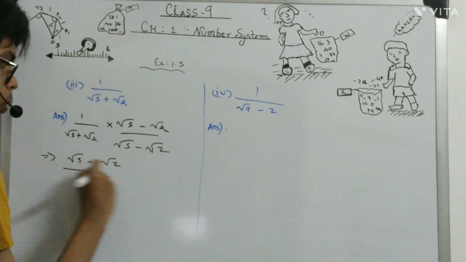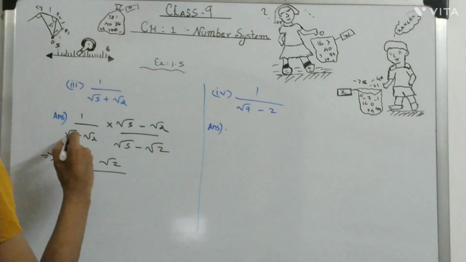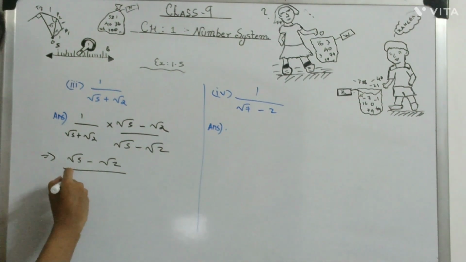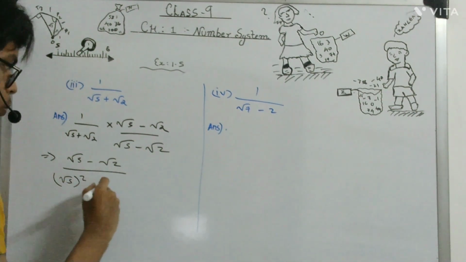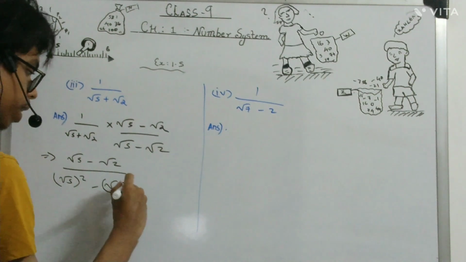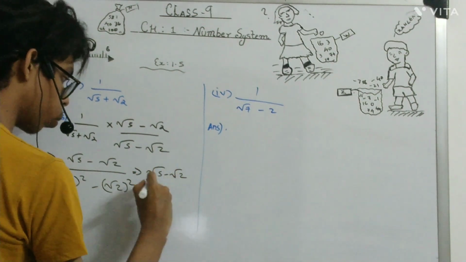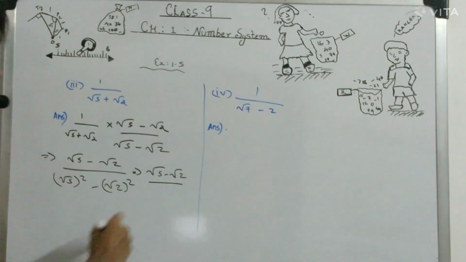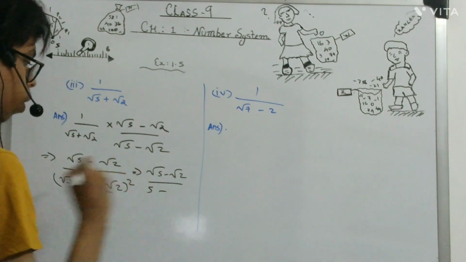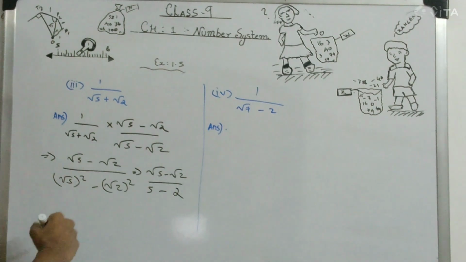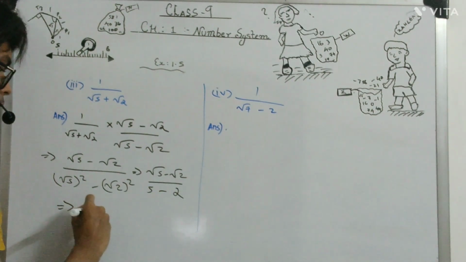So root 5 minus root 2 divided by, in the denominator again, a plus b into a minus b identity. So we know a plus b into a minus b is a square minus b square. So from here you will get root 5 minus root 2 divided by root 5 the whole square, which is simply 5, minus root 2 the whole square, which is simply 2, and we know 5 minus 2 is 3.